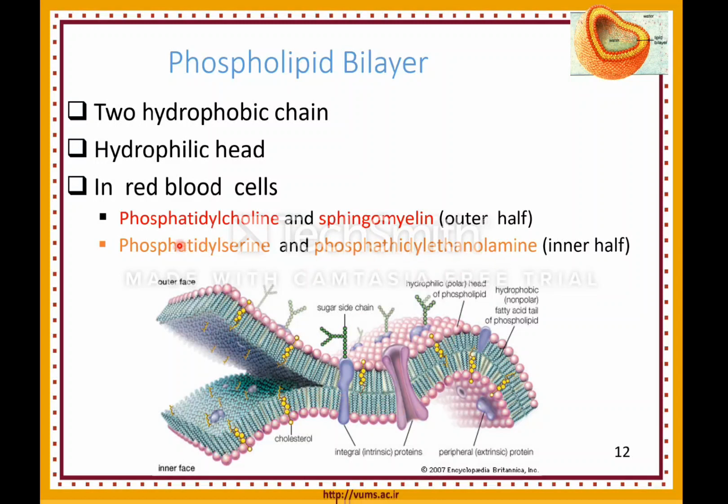These types of phospholipid in each cell are special, and their amount and location are very important. If the amount or location changes, it can result in some disease.